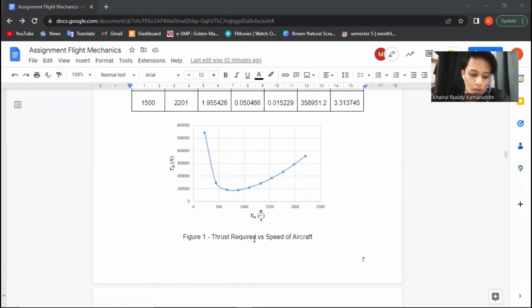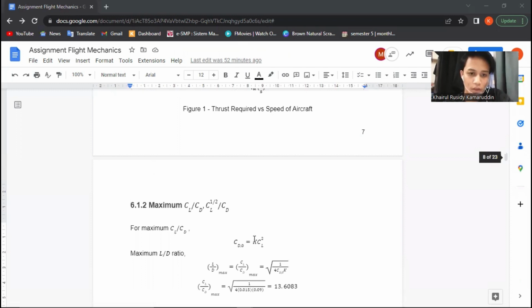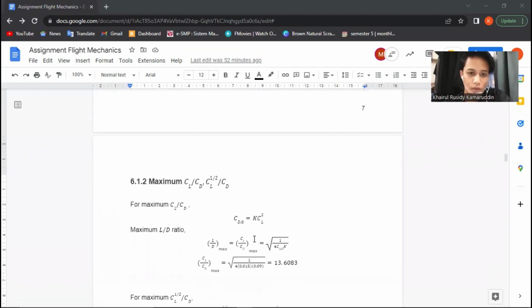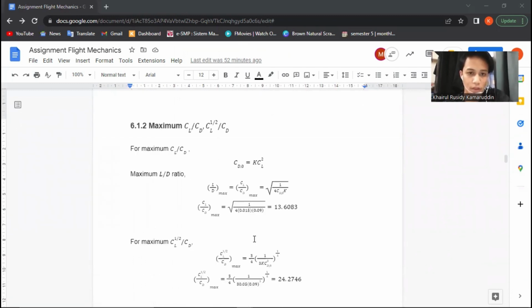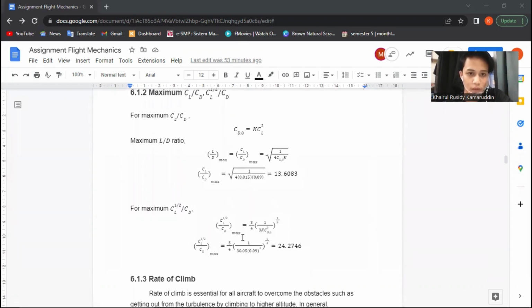Next, I will present the calculation for maximum CL over CD and CL to the power of 1/2 over CD. For maximum CL over CD, we can use the formula here, and by using the data that we have found, we get the CL over CD is 13.083.